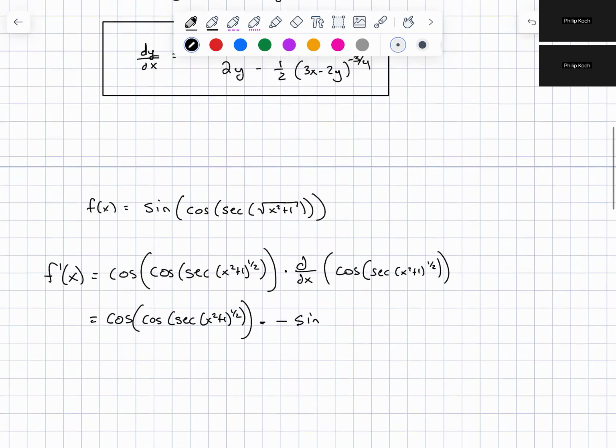So make sure there's a parenthesis: sine of secant of x squared plus 1 to the 1/2, times the derivative of secant of x squared plus 1 to the 1/2.